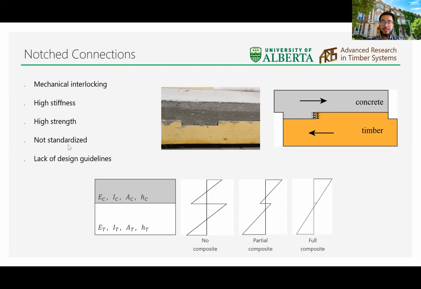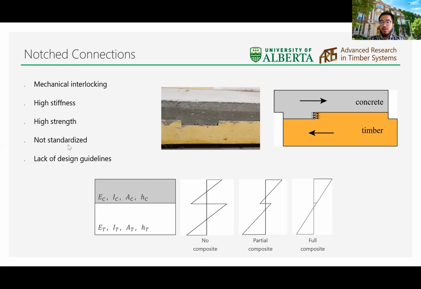Compared with steel fasteners, notched connections are often more cost-effective. The notches are usually cut with a CNC machine in the fabricator's shop before the panels are sent to the site. This allows a faster erection of the floors compared with fasteners such as screws or steel plates, which can be time-consuming to install.